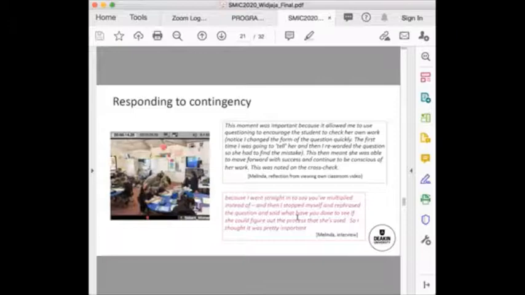She said it allowed her to use her questioning technique to encourage the student to check her own work. She was very honest about almost jumping in to tell the student, you see what you've done there, but she stopped herself. I think that was a contingency moment that she picked up as a salient moment in her reflection as well. So that was a very interesting and important moment.